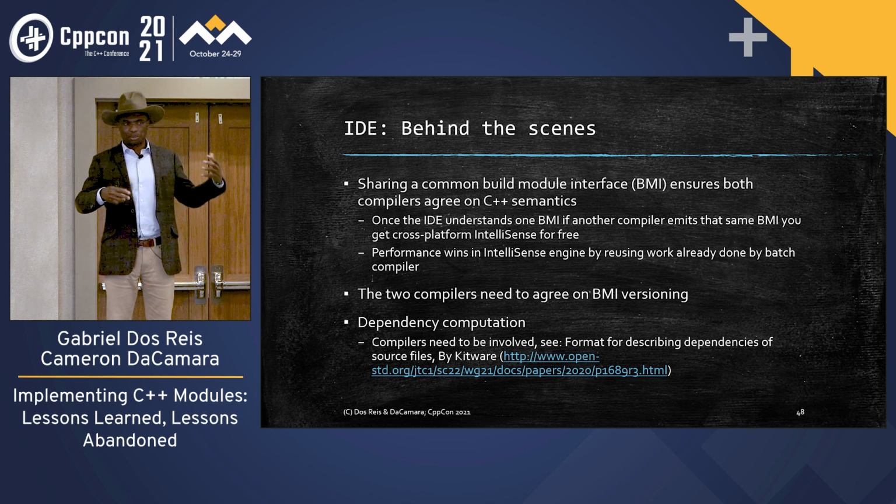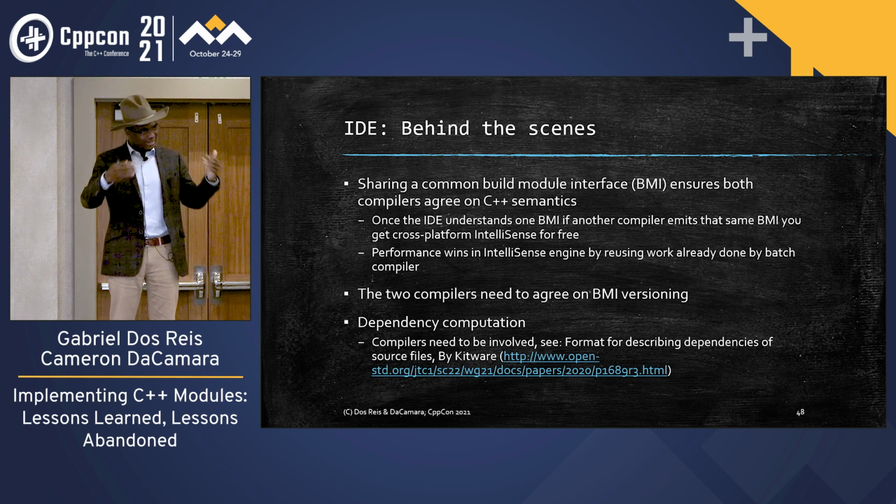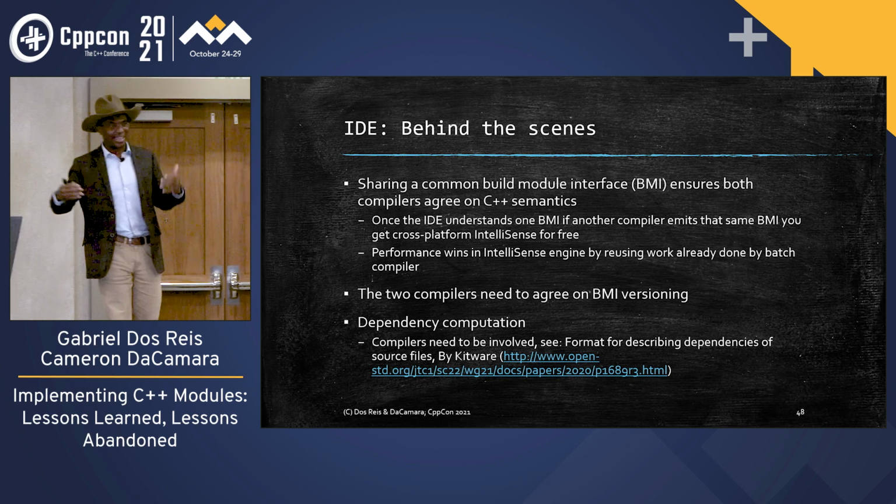So WG21 has been busy. There is a study group that was created to help move forward the tooling ecosystem, especially because we got modules that kind of challenge the traditional header file.